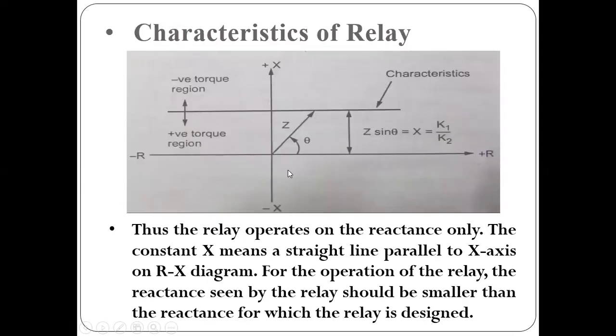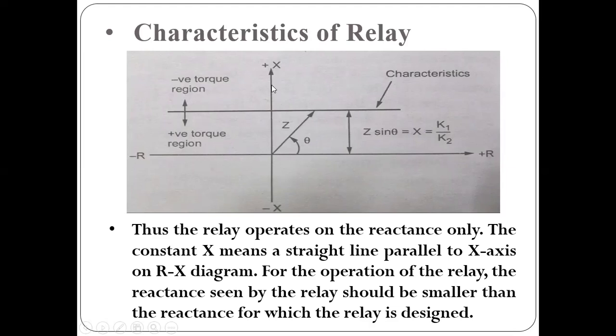And there is one characteristic. According to this characteristic, we see the vector whose head lies on the characteristic has a constant magnitude of X, as shown above. The relay operates on reactance only, and constant X means a straight line parallel to the R axis on the R-X diagram.